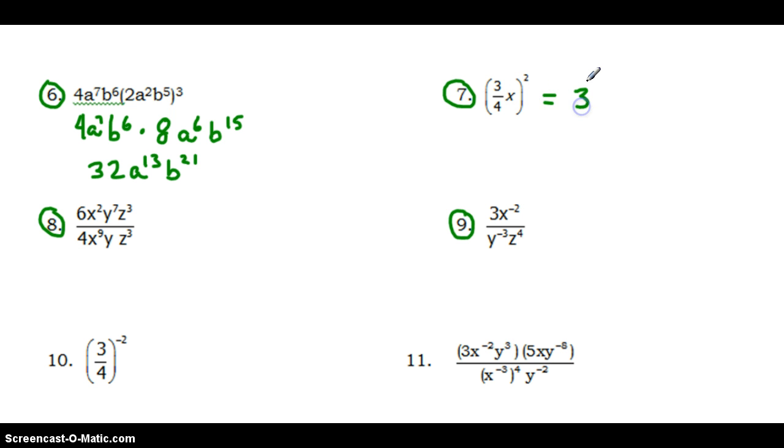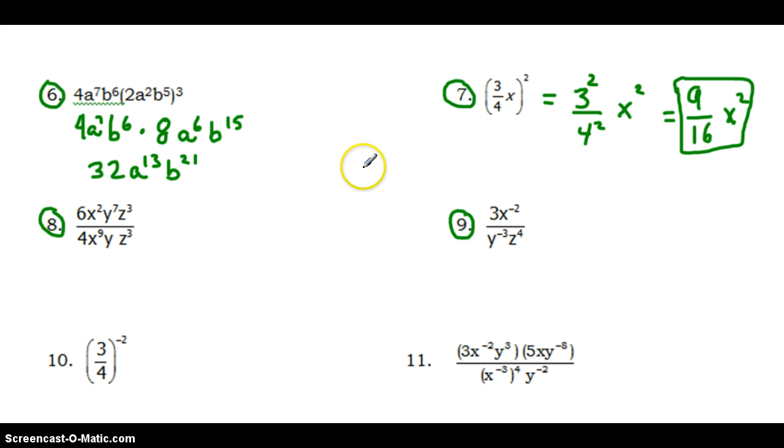And we have 3 squared over 4 squared times x squared. And then we would just simplify our fraction here. 3 squared would be 9, and 4 squared would be 16, and that's multiplied by x squared. Okay, and we could circle this one too, as well.